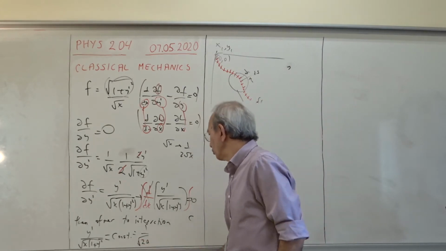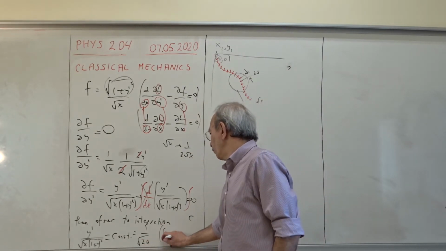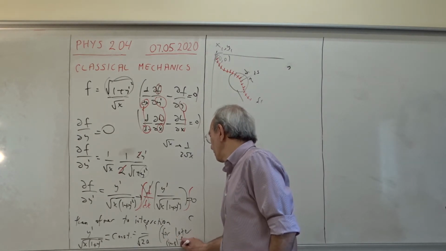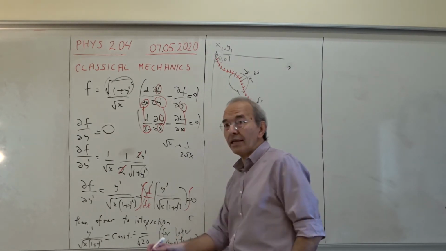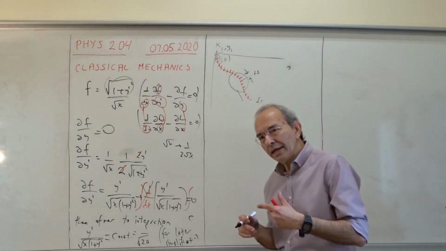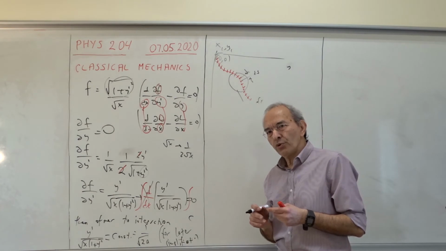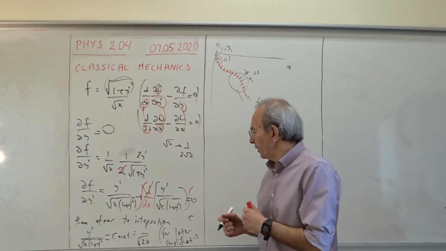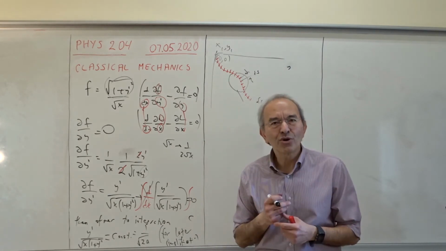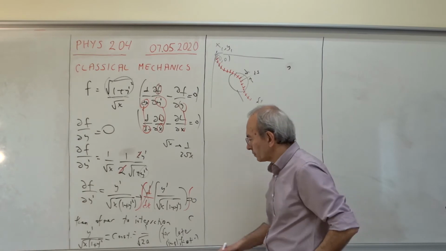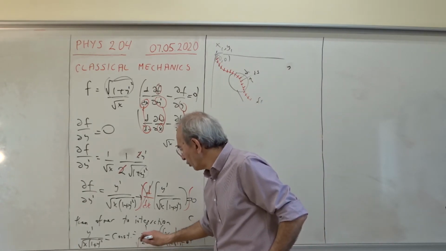Because if you simply write, let it be a constant C, then the rest will be more complicated. So, in favor of later simplification, we will choose a rather peculiar constant, 1 over root 2A. What is A? A is a constant.